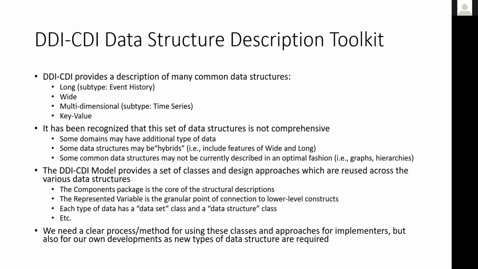Yeah, I don't know if you want to get into details on this right now, but I've been thinking about this some too, and especially graphs. I mean, we certainly can describe the common way of representing graphs, where you have a table of nodes and a table of edges. And we have everything we need to do that.